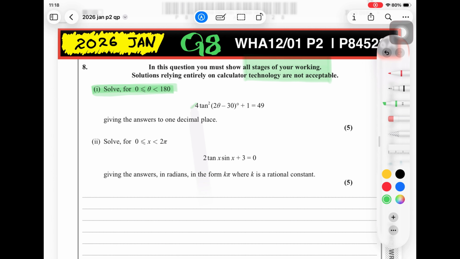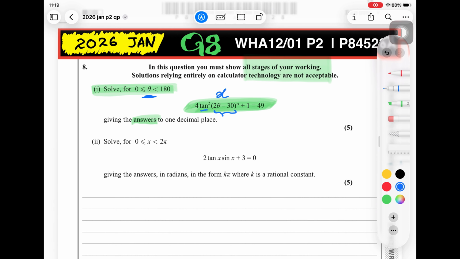And if we look into the equation, we have 2 tan square theta. The answers are going to be theta, but before that, we have to check the range, and that's slightly different from what you have in the tan range.